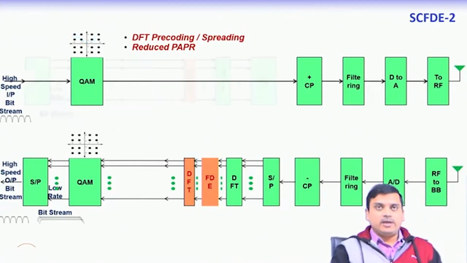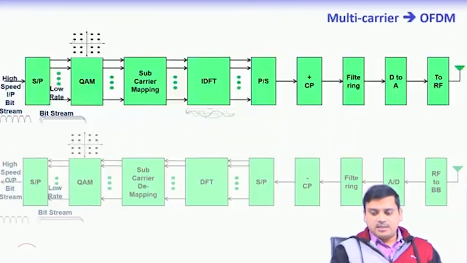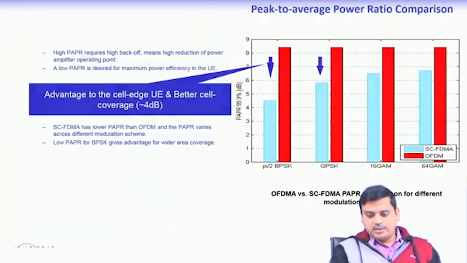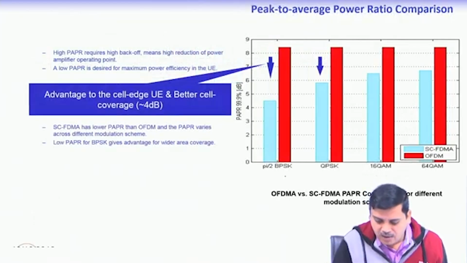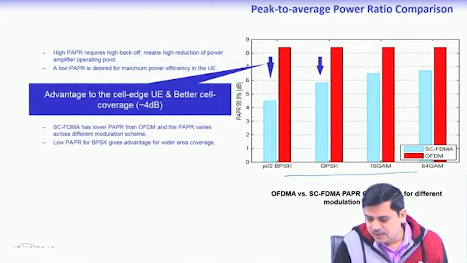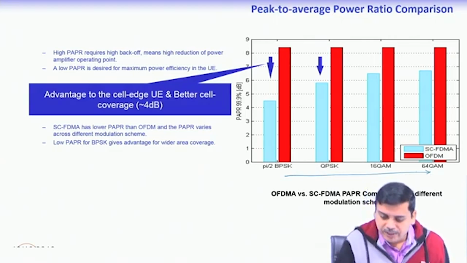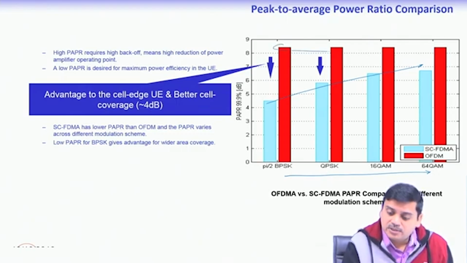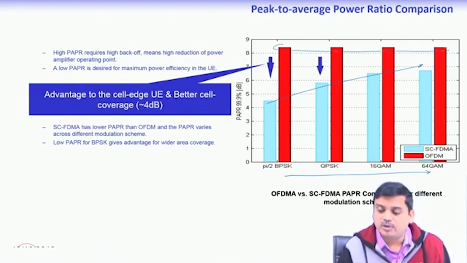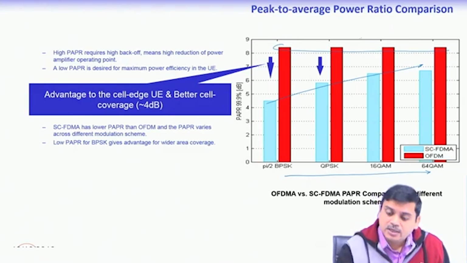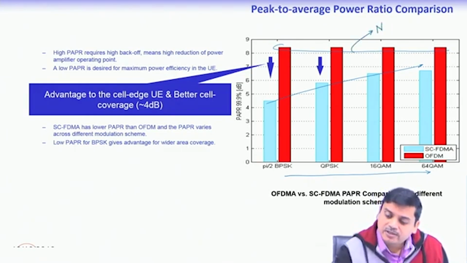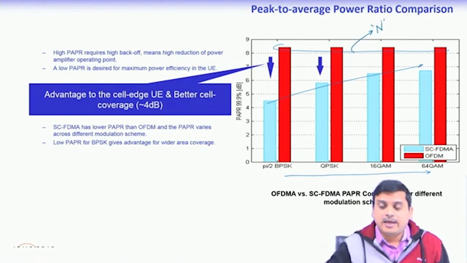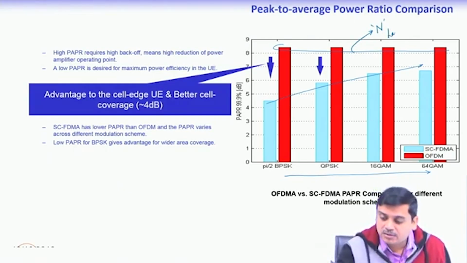Now, one can easily see this in one of the results that we had depicted over here. It shows how, as the constellation size increases, the peak to average power ratio increases. That is what you are seeing, okay, because now this is going towards more of a single carrier system. Whereas, when we look at an OFDM system, the increase is not much notable, because the PAPR is primarily driven by the factor N, okay, and this N is quite large.